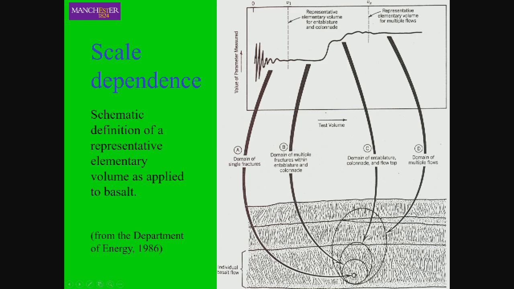When we get to an even bigger scale, that might incorporate the margins of a single lava flow, then that will also change the permeability. And if we go to a much bigger scale, maybe we start encountering things like faults, which might be highly permeable or not.